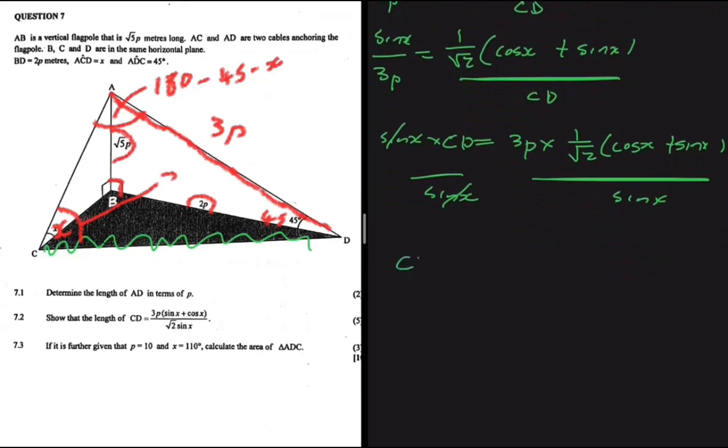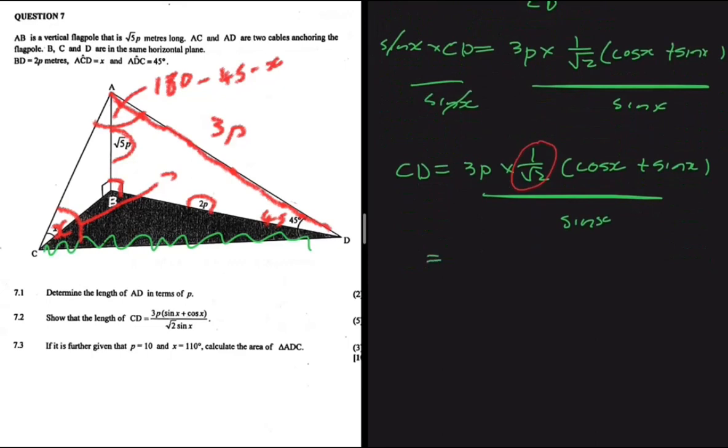Then we're gonna have CD equal to 3p multiplied by 1 divided by square root of 2 multiplied by cos of x plus sine of x divided by sine of x, right? But instead of putting 1 divided by square root of 2 on the numerator, we can just write CD as 3p multiplied by cos of x plus sine of x divided by sine of x, and then multiplied by square root of 2. And we have proved exactly what we are supposed to prove.